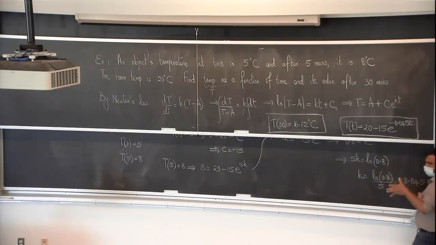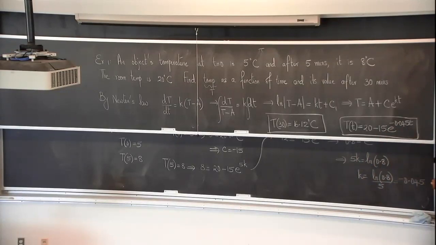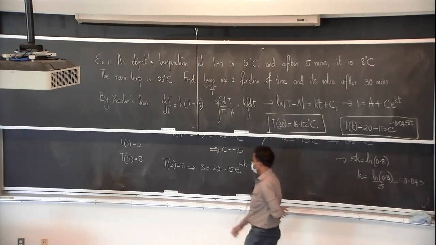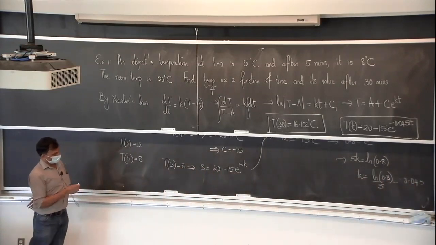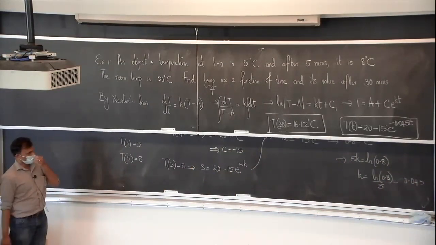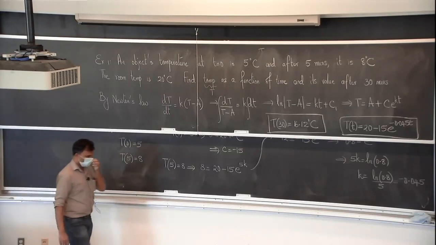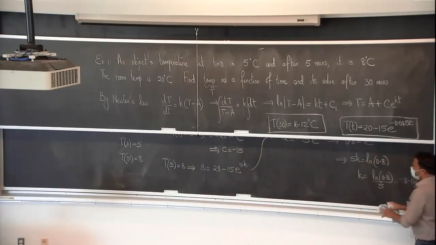In the physical world, yes, it does achieve 20, but mathematically it is when t goes to infinity. So if you get some kind of meaningless answers to these kinds of problems, always check, because Mr. Isaac Newton is always correct. So you have to trust his model. Any questions on this?